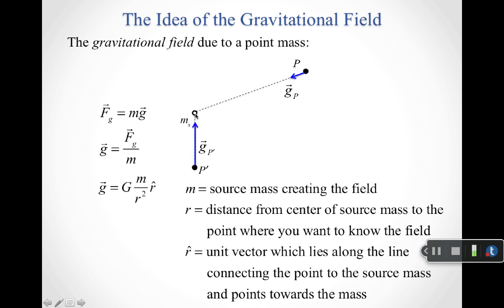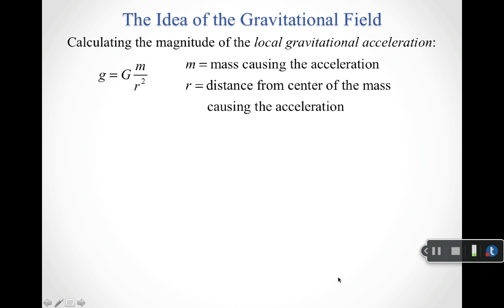So put any mass here at point P, it's going to be attracted to the source mass. That tells us that the gravitational force is going to point towards the source mass. Since mass is positive, the gravitational field must point in the same direction. So this is why we know that R hat, in the way that we're defining R hat in this particular equation, is always going to point towards our source mass.